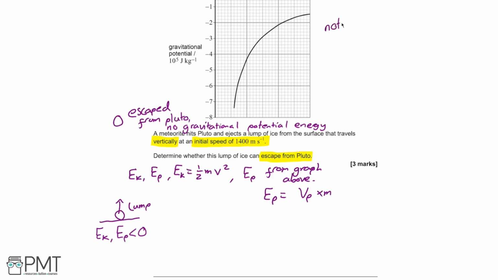Note that if there's less kinetic energy than the value, then actually I can't escape from Pluto, because at some point I won't have any more energy to convert into potential energy, and therefore I won't be able to get all the way out, and then Pluto will start pulling me back towards its surface.